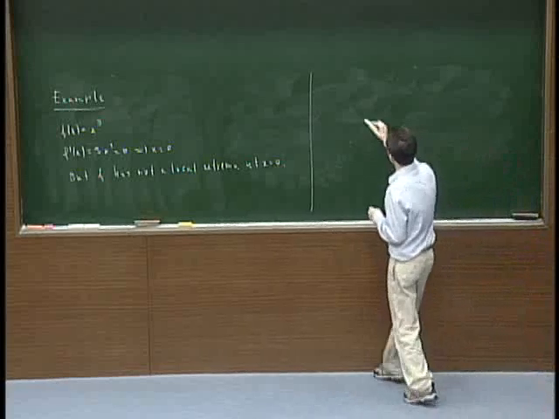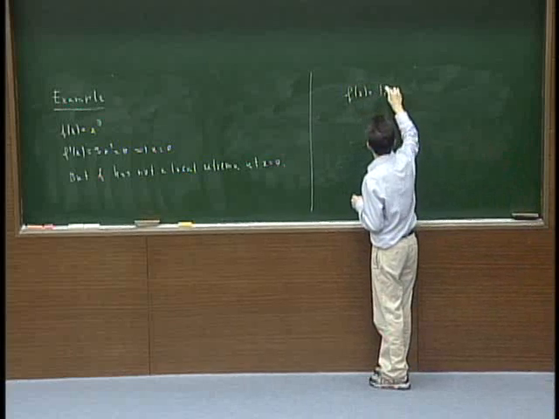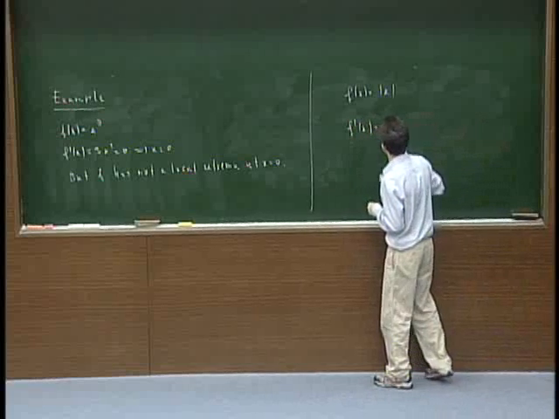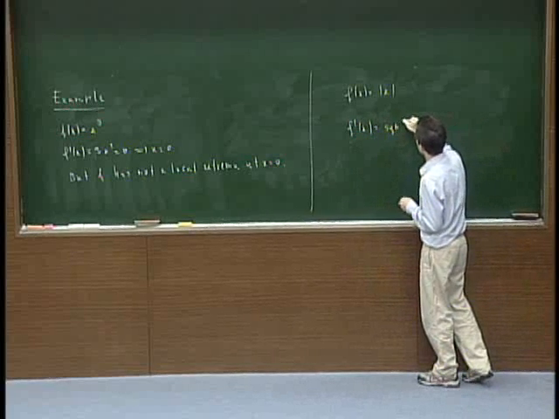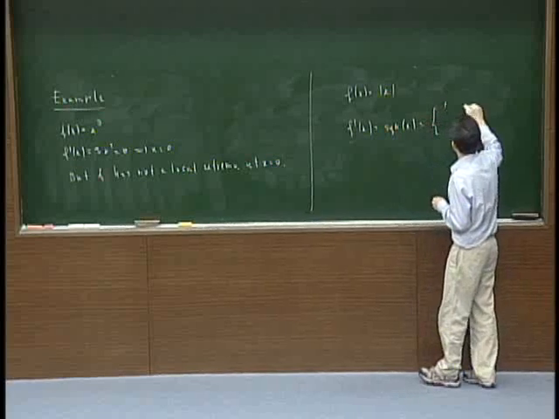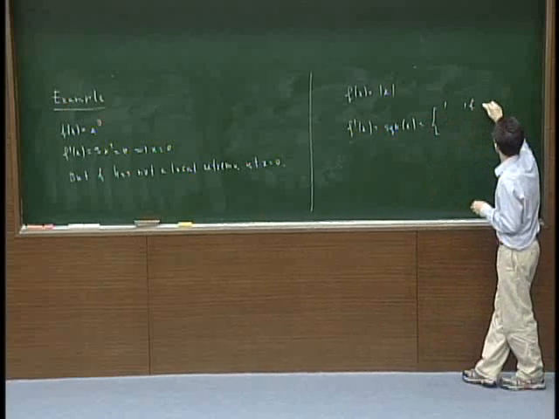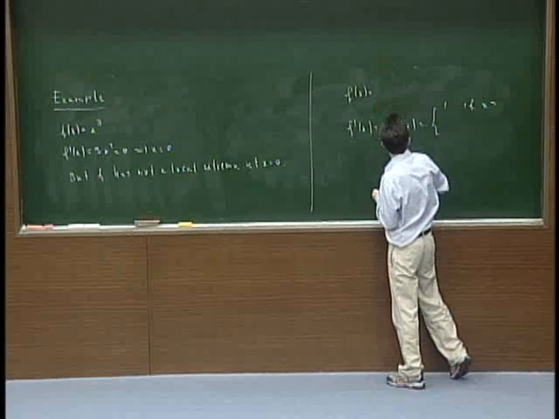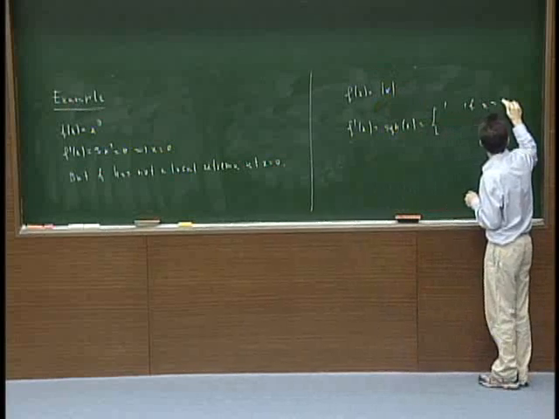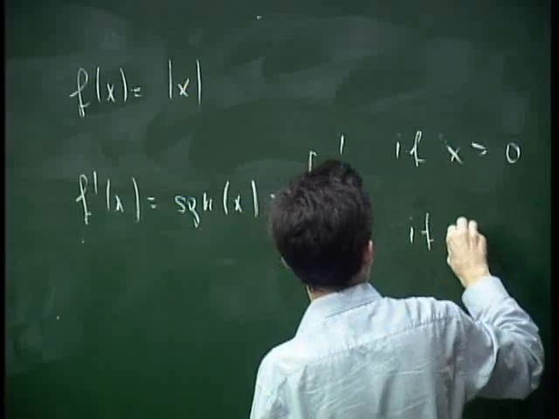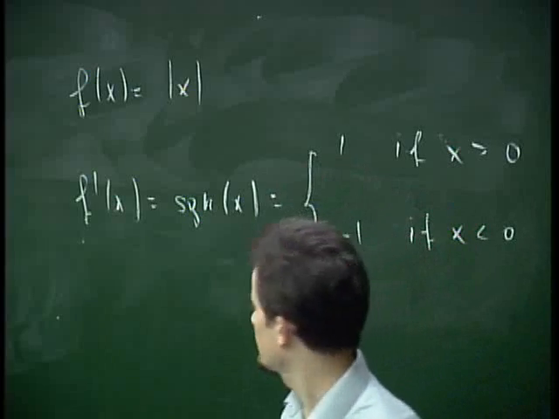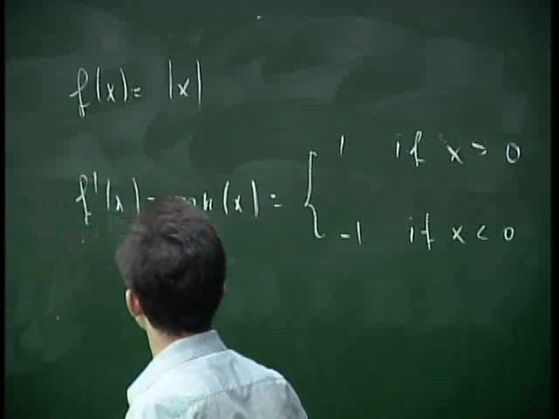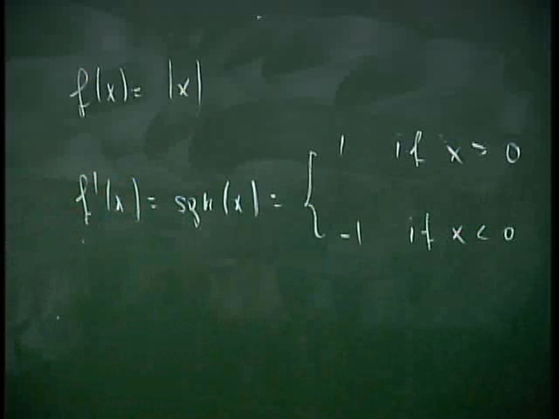An easy example is the function f of x is equal to the absolute value of x, where the derivative for certain x exists. You can call it the sign of x: 1 if x is larger than 0 and -1 if x is smaller than 0. So you see that the derivative does not have any zeros, but the original function still has a local minimum at 0.